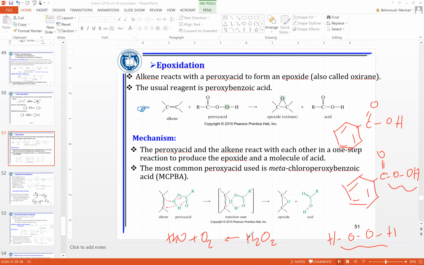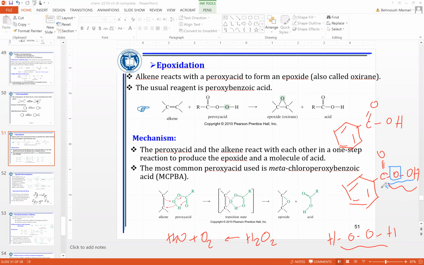It bubbles or decomposes and will change to H2O and O2 because it's very unstable. Very similarly, the peroxy acid, like this peroxybenzoic acid, because of this peroxide, is going to be very unstable. So this is going to help you remember that if you want to make a peroxide, you do need an extra oxygen.